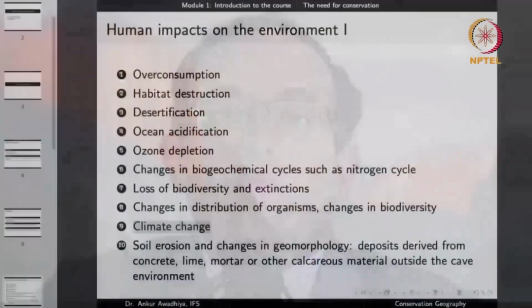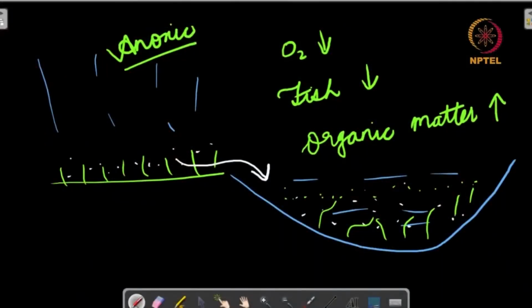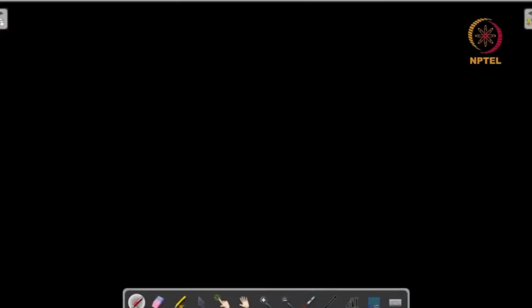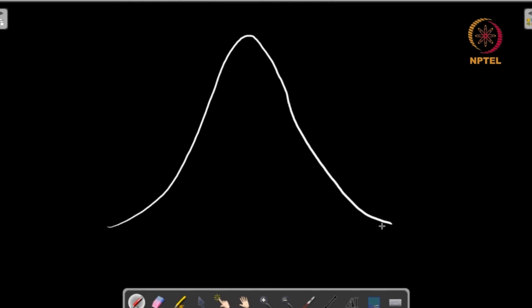Now with an increase in the greenhouse gases, with an increase in global warming, the planet is warming up. And how does that matter? Consider a hill. Now we know that the temperatures reduce when we go up.